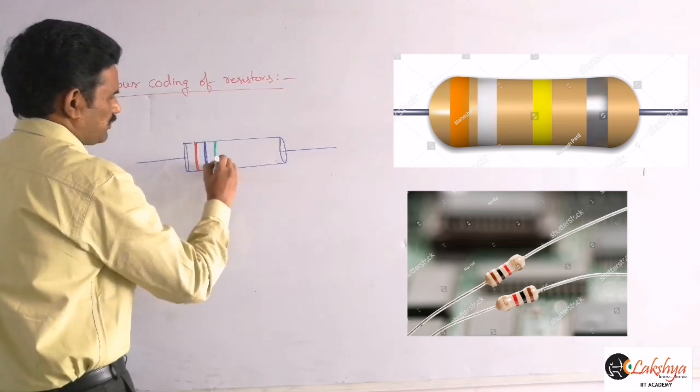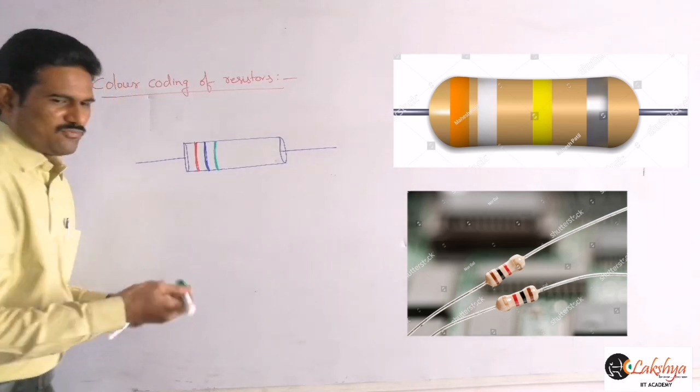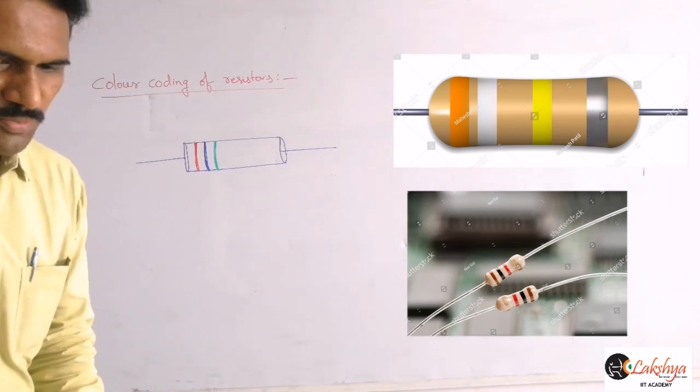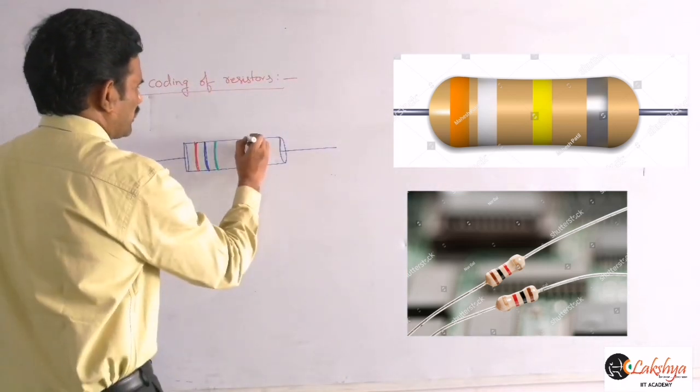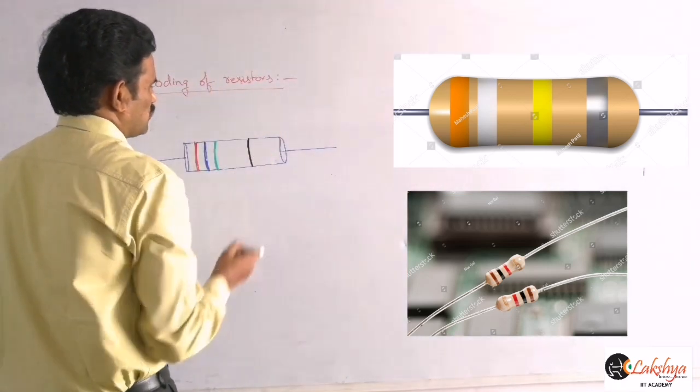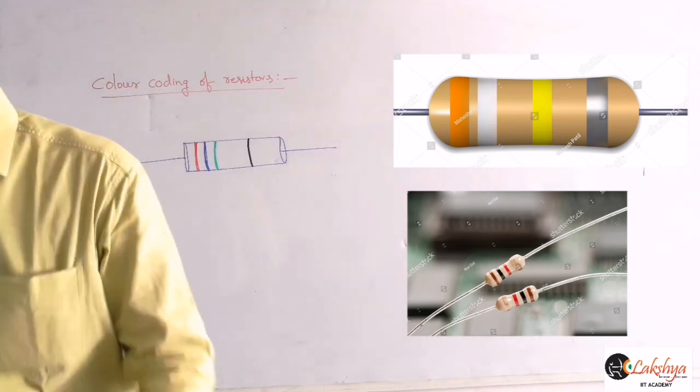The fourth band will be there somewhat far away from the others. That means the fourth color band will be there, right?